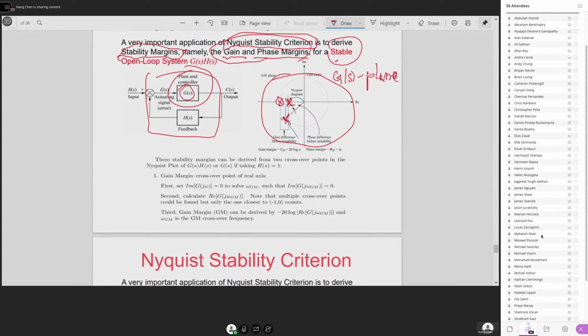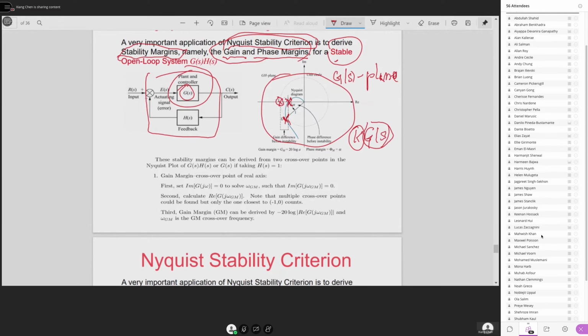For example, if you multiply K by G(s), where K is a constant value, what do you think K is going to do to the Nyquist plot?